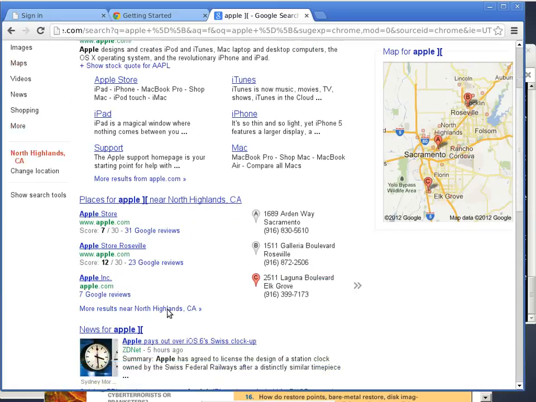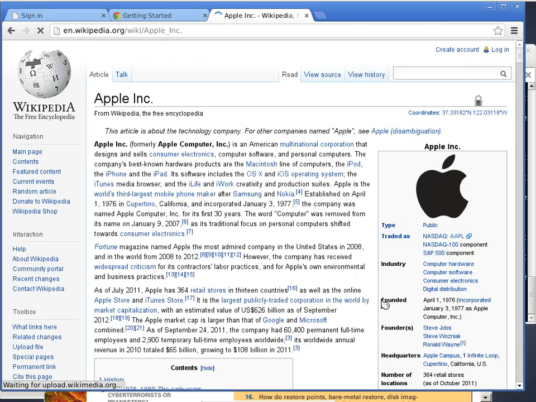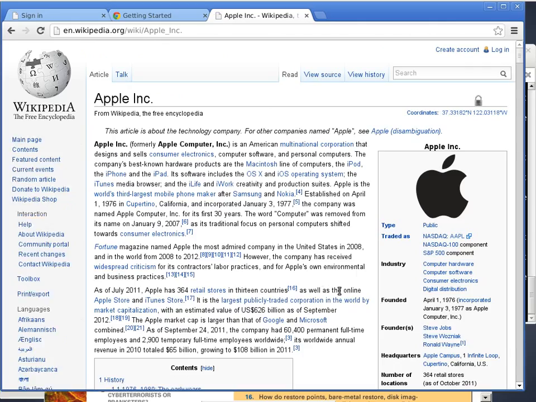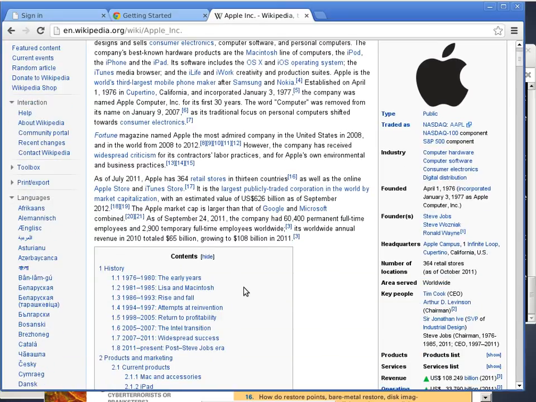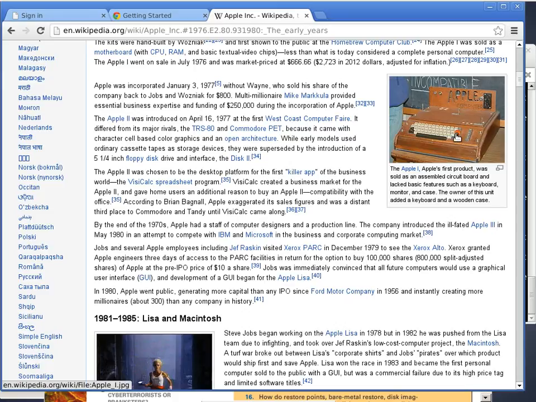So let's see, news for Apple II. I think it doesn't quite understand Apple II in this case. But when you look at Apple Inc., you're bound to find Apple II as one of their products. The early years. Yep. No, that's not quite the one that I have. I wish I had this version, because it would sell for a lot of money today.